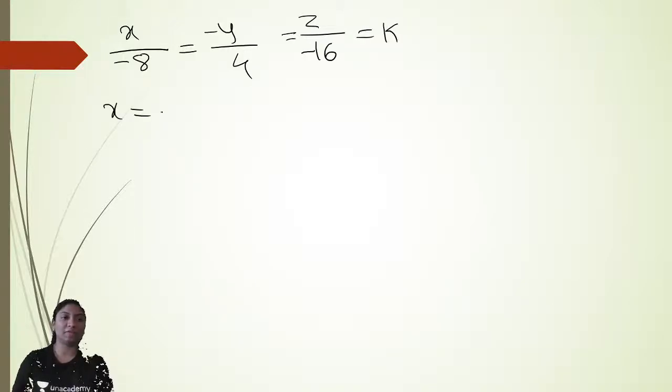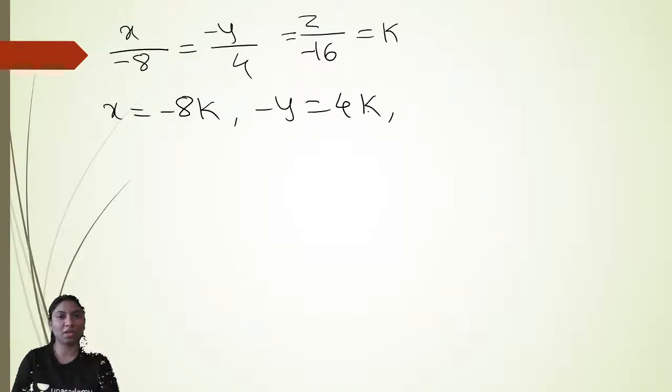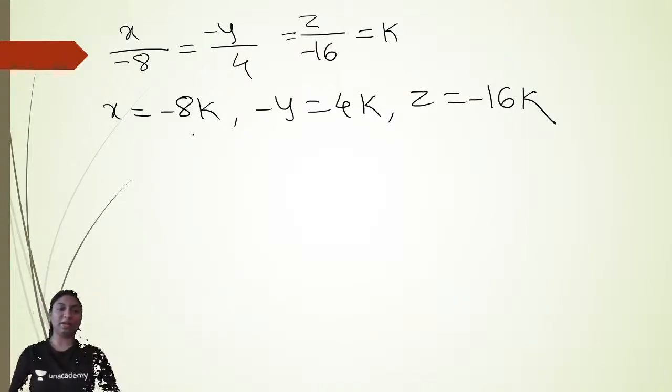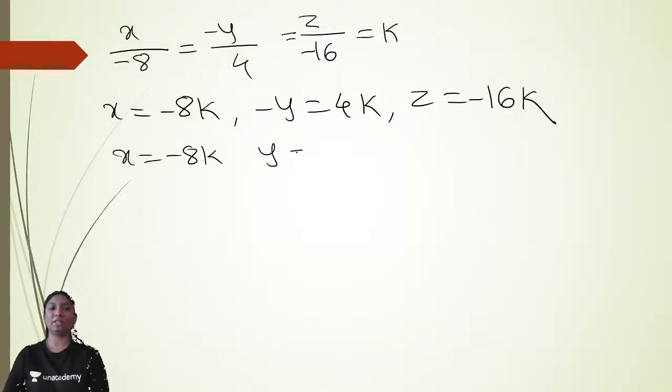So x is equal to minus 8k, minus y is equal to 4k, and z is equal to minus 16k. So x is equal to minus 8k, y is equal to minus 4k, and z is equal to minus 16k.